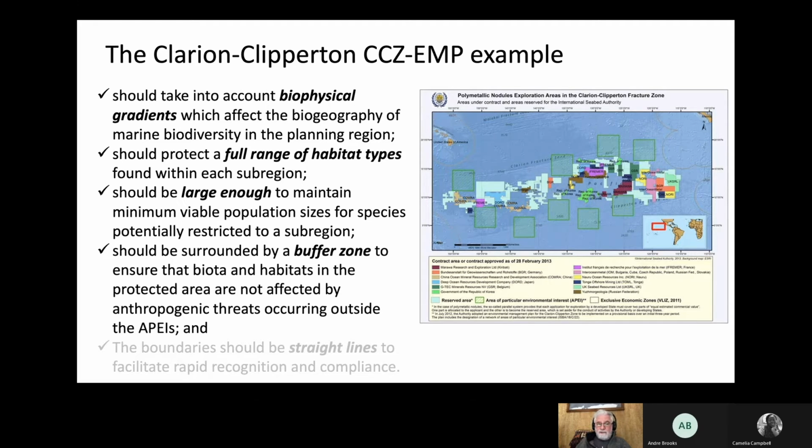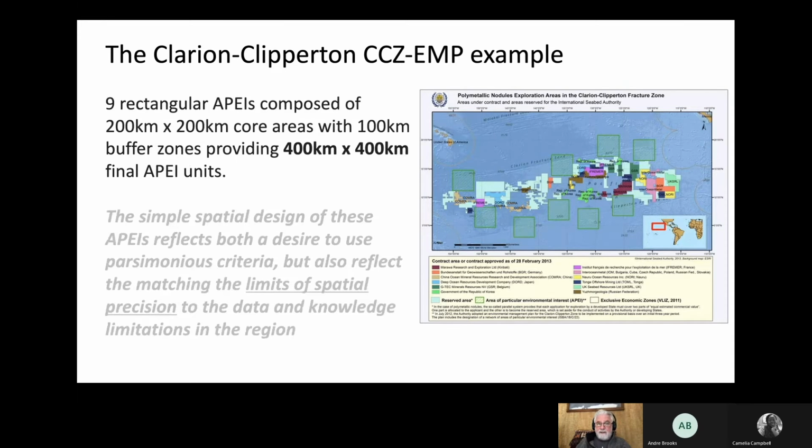It included buffer zones to ensure that the areas set aside were protected from mining impacts, and also used simple shapes and simple straight lines to make it easier to facilitate rapid recognition and compliance.